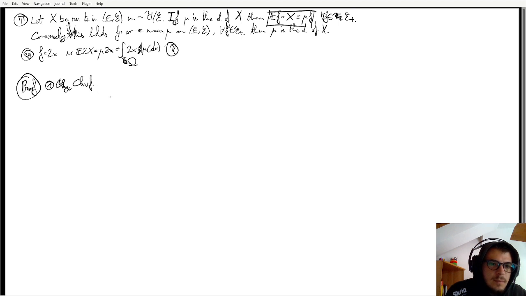Change of variable formula, let's recall. h of f of x is equal to the integral over still f, right?